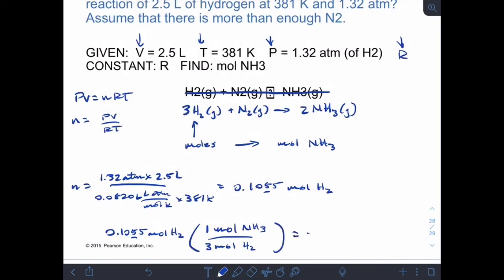So we'll end up with 0.035 moles of NH3. Okay, so the only thing that's new is the application of the ideal gas law to find moles. Okay, and I can't stress that enough. The stoichiometry is no different. It's exactly the same.